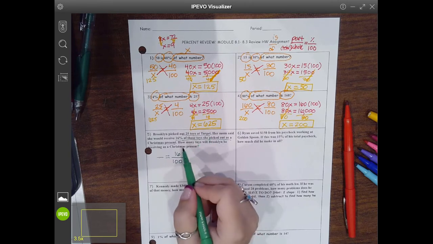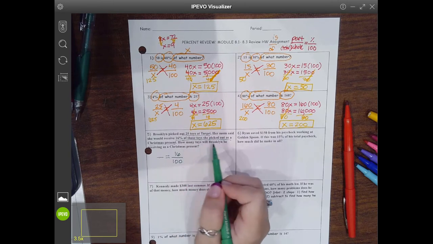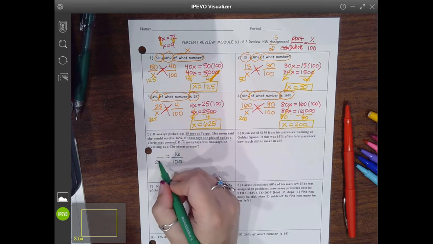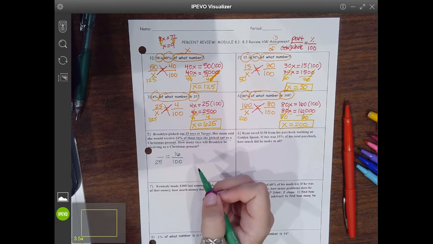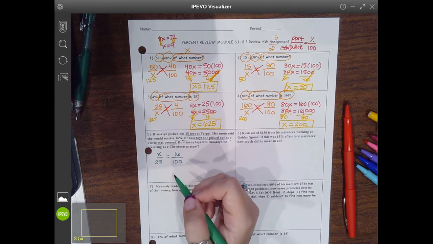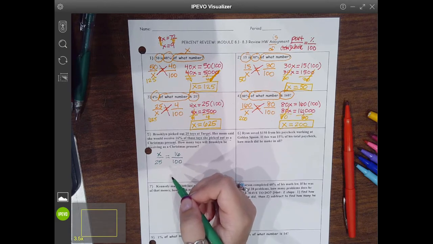Her mom said she could only keep 16% of those toys. So this is representing the total number of toys. And then she can only keep part of that, which makes sense because what child is going to get 25 toys for Christmas? That's a lot, right? So she's like, you can only keep a certain percentage of those. Pick out your favorites, and then Santa will pick out a few favorites from there.